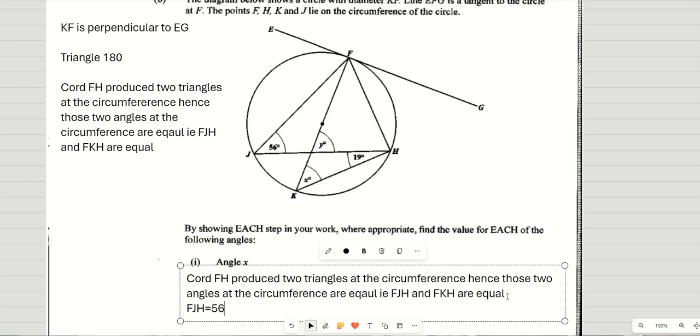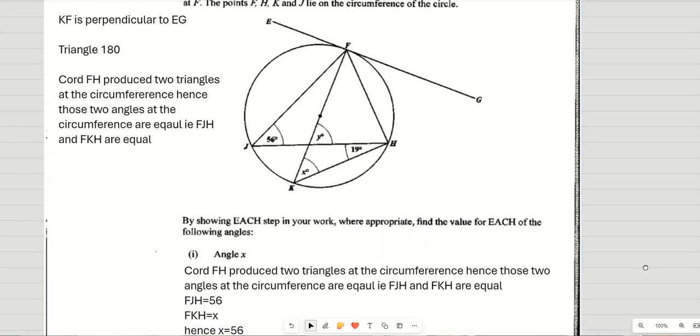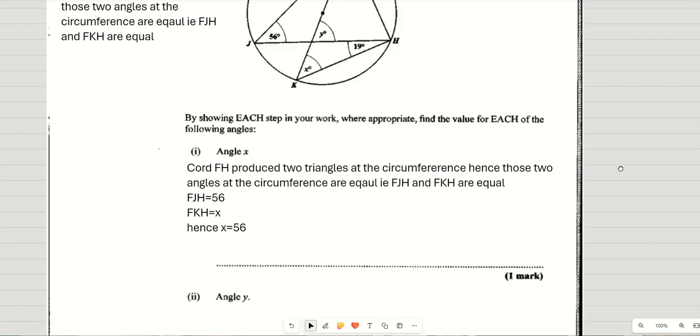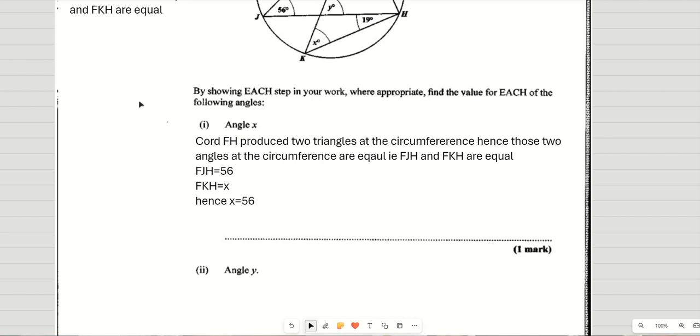We can see that angle FKH is also equal to X. Hence, because of that reasoning, X is equal to 56. Reasoning being that these two angles are on the same chord and they are at the circumference, J and K. The angles are at the circumference, hence they are equal. That is the reasoning for this.